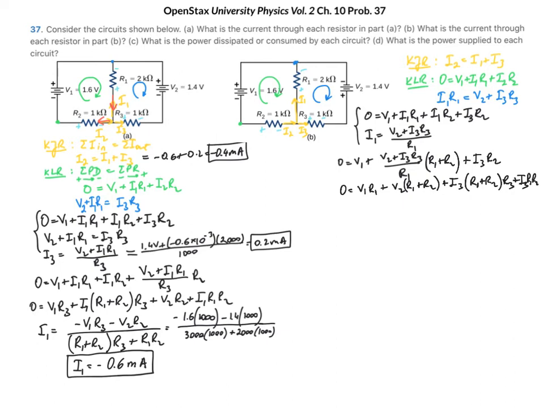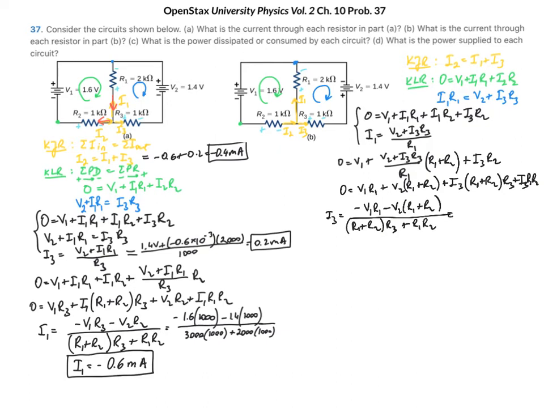Okay, so solving for I3, it's negative V1 R1 minus V2 R1 plus R2, divided by R1 plus R2 times R3 plus R1 R2.